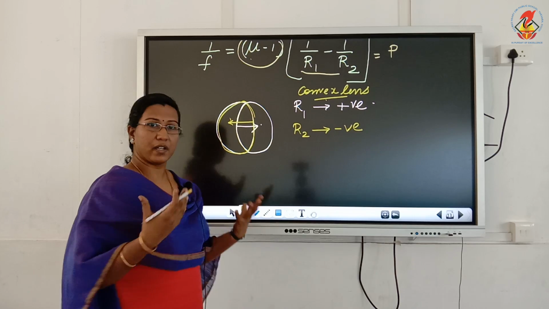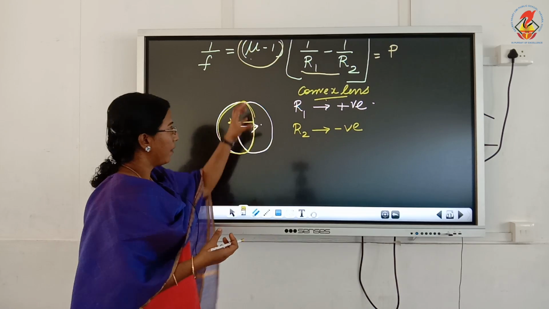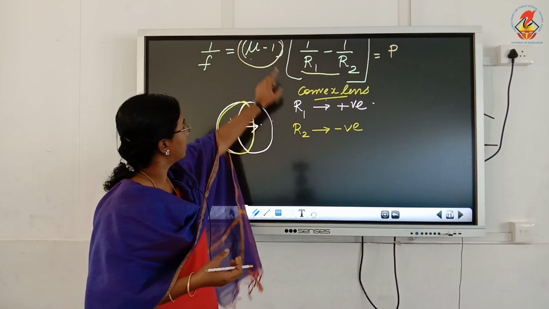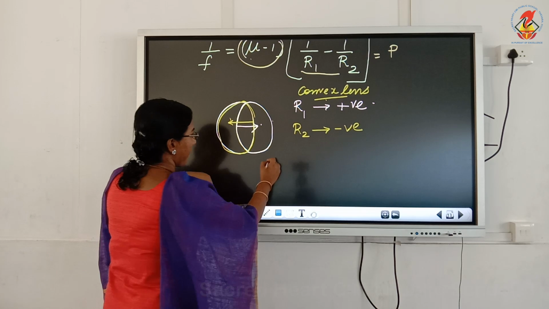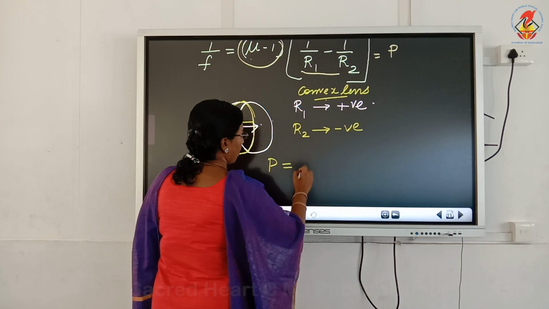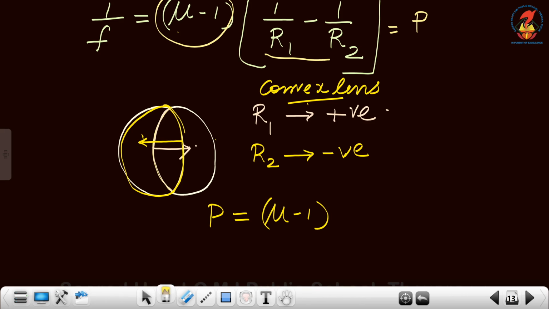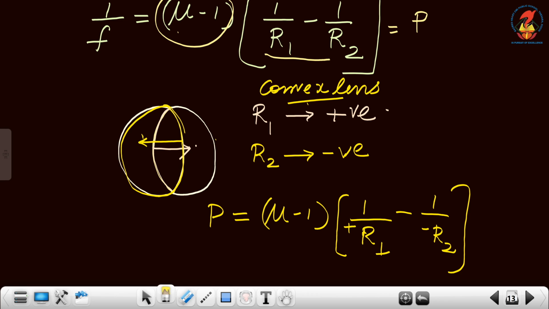Applying the sign convention to the above equation, for glass where mu is 1.5, we get P is equal to mu minus 1 into 1 by R1 minus 1 by minus R2, which means 1 by R1 plus 1 by R2.